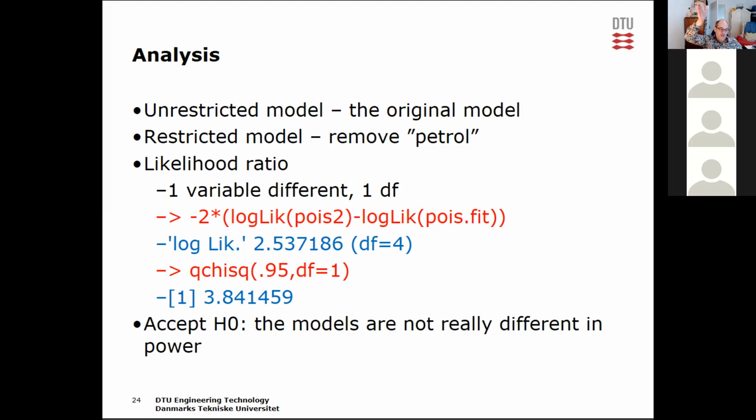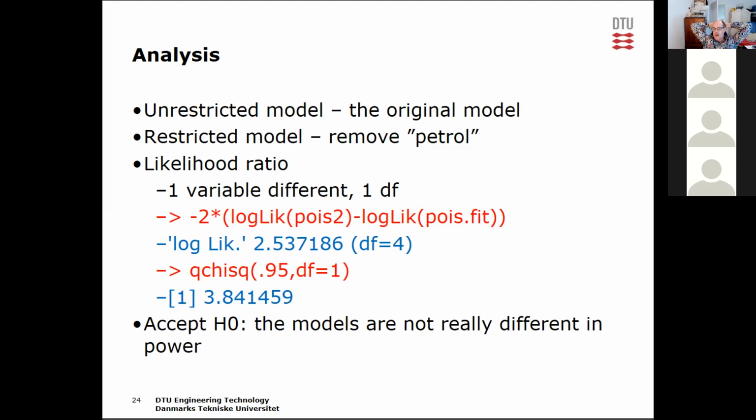And so now if you draw your picture, we have a critical value of 3.8, and now we have a test statistic of 2.5 on this side of the diagram. And now we're in null hypothesis territory. Now we can say, wait a minute, these two models are not statistically different, which is a good thing, because it says we can drop that variable and the results of the model don't really get worse.